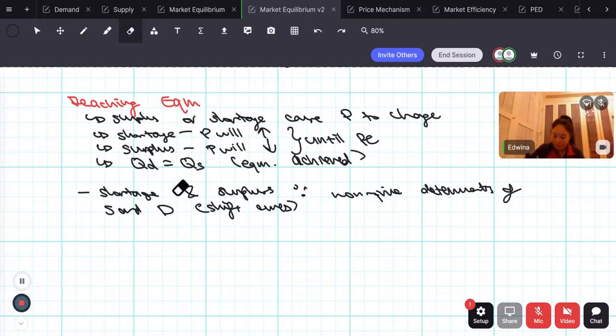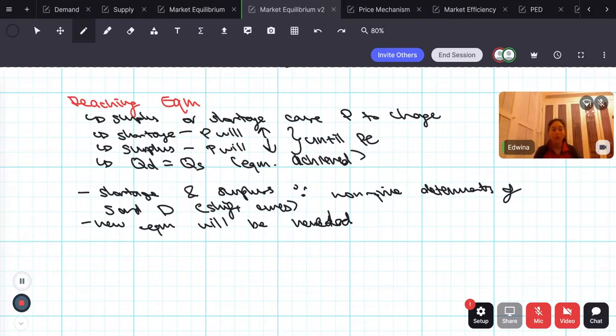And once it shifts the curves, before a new equilibrium is reached, temporarily there is disequilibrium where there is maybe a shortage or surplus, and so a new equilibrium will be needed. And so the market on its own will establish a new equilibrium once the supply and demand curves shift.